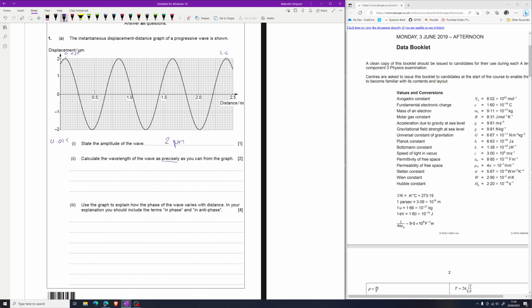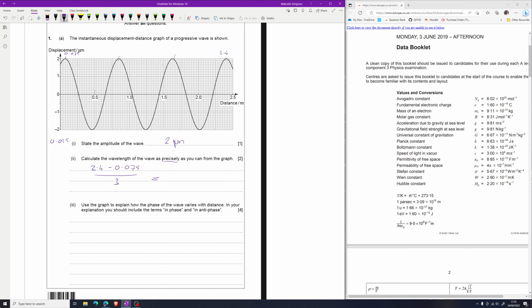So my calculation then, that is a total of 1, 2, 3 wavelengths. So my calculation is going to be 2.4 minus 0.075 over 3. And I should have had a calculator at the ready, and I haven't. I do apologize.